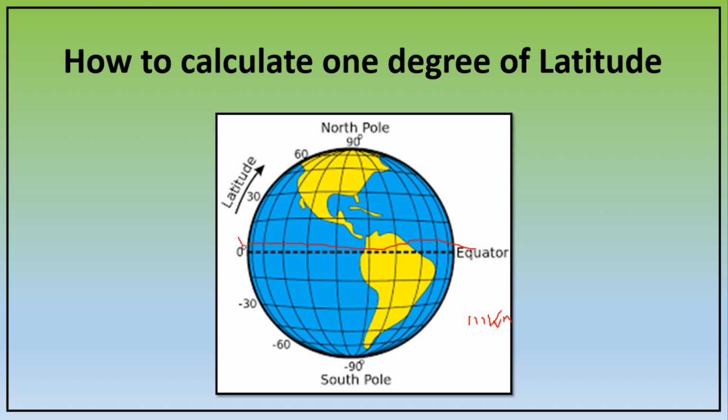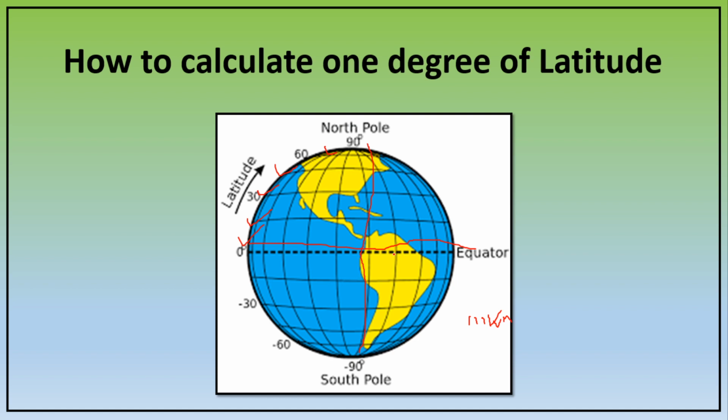For example, if this is 0 degree, this will be 15, this will be 30, 45, 60, 75 and 90. That means from 0 degree to the poles we have 90 degrees of latitudes in the northern hemisphere, and in the southern hemisphere similarly we have another 90 degrees of latitude.